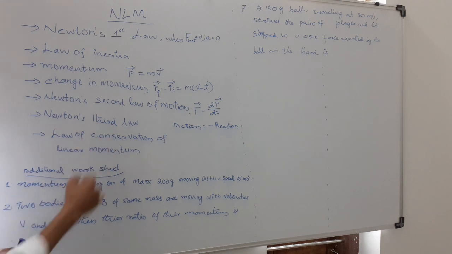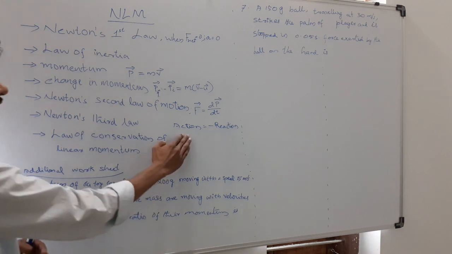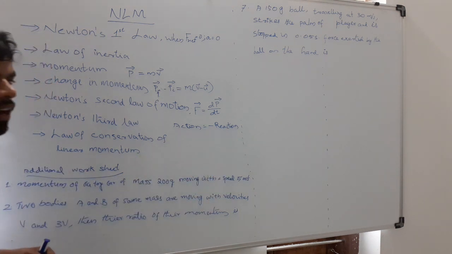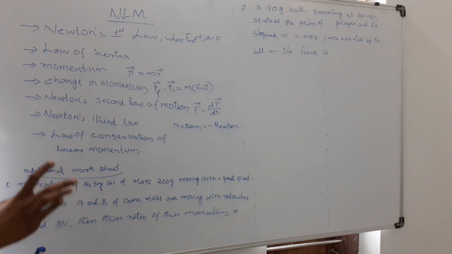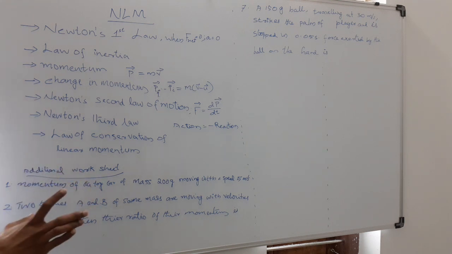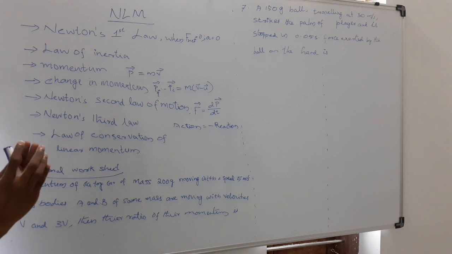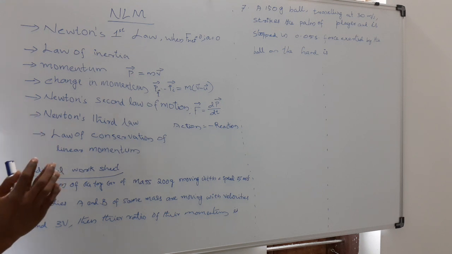Now, Newton's third law we learned: to every action there is an equal and opposite reaction. So action is equal to minus reaction. Now the next one, the law of conservation of momentum. If the net external force acting on a system is zero, then the momentum of that system is conserved.